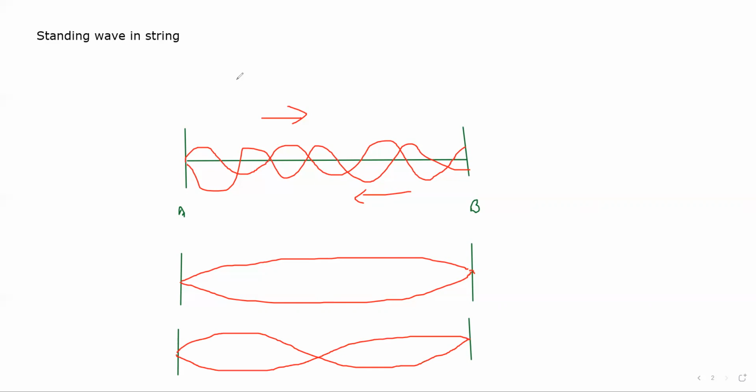So why is there a standing wave? To produce a standing wave, there should be two waves traveling in opposite direction. They will result in a standing wave. The region where the particles cancel out each other will have a node, and where they increase the effect of each other, we call that an antinode. Same thing, this will be node, node, node, and antinode.